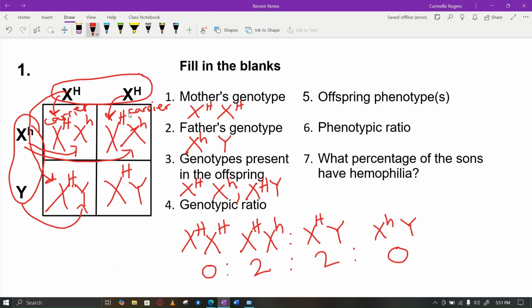The offspring phenotypes. All of the offspring have at least one normal allele, and that will help to protect them against hemophilia. So as long as they have one X capital H, they will not have hemophilia. And that is the case with each of these offspring. The phenotype would just be normal, no hemophilia.